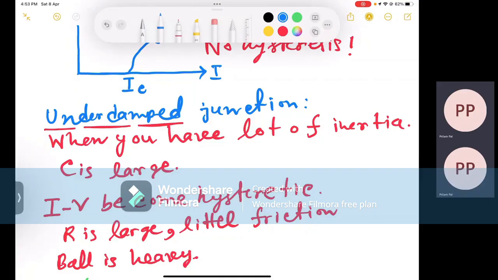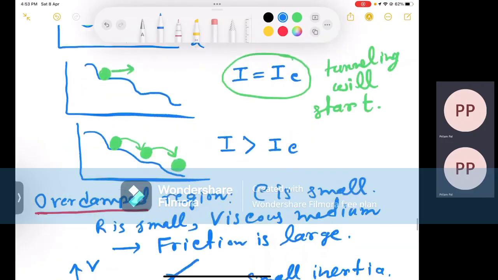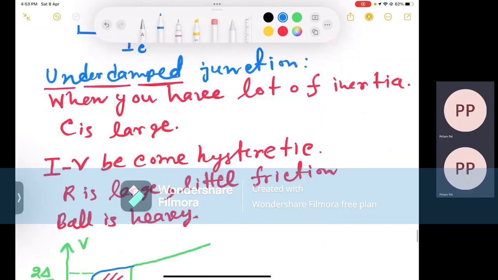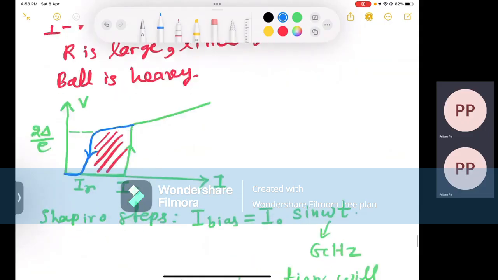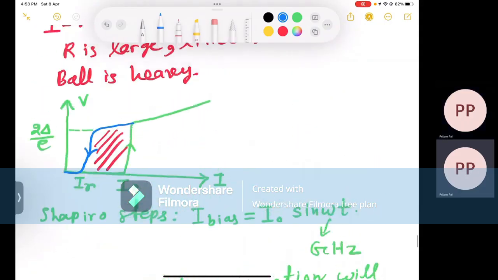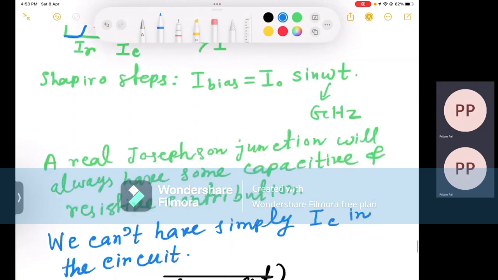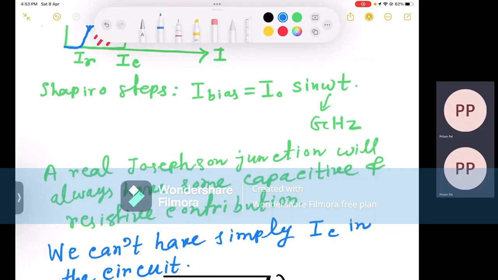So it's about how the capacitance of the system is, how the friction coefficient and the supercurrent are, and all these things play a very important role. So you can go through this and have a look once. And as I already mentioned, the Shapiro steps are in the radio frequency range, in the gigahertz.